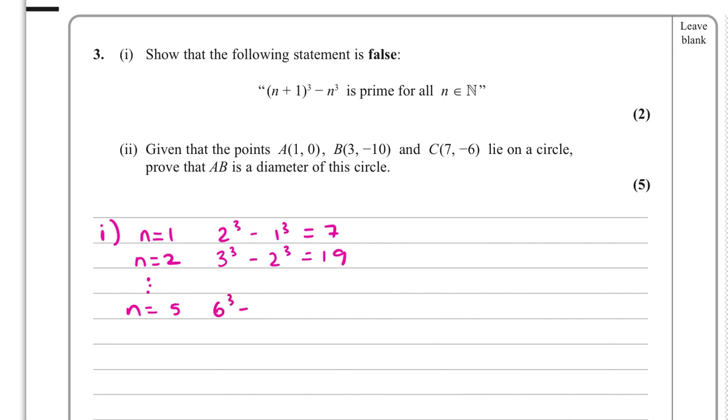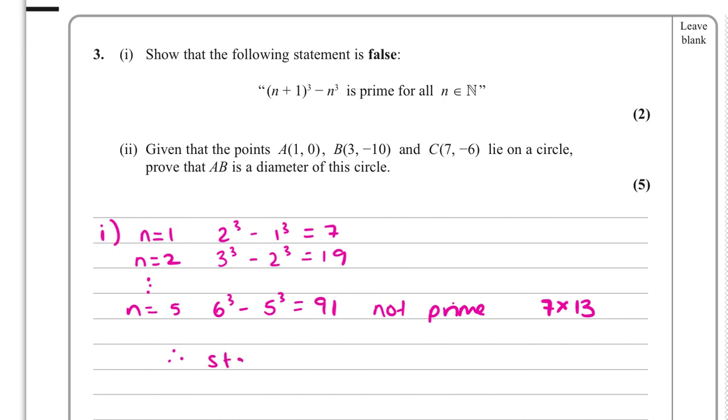Okay, so I'm going to get 6 cubed minus 5 cubed, which is 91. This is not prime. Okay? 7 times 13 is 91, so it's not prime.